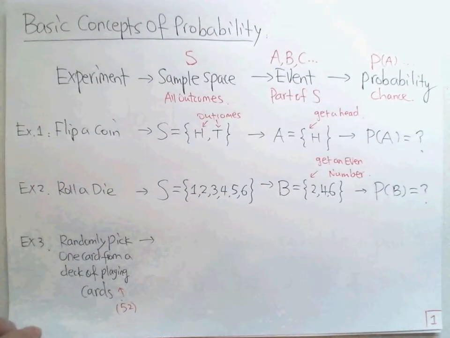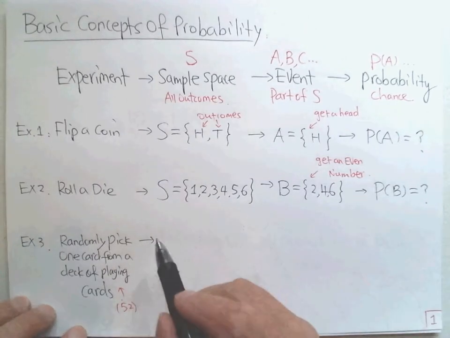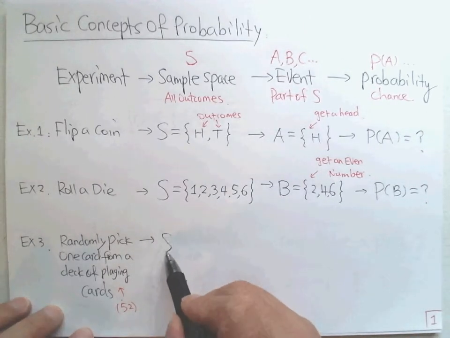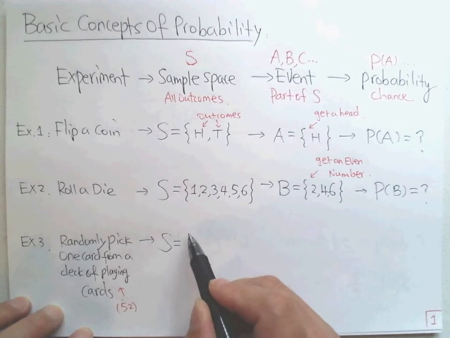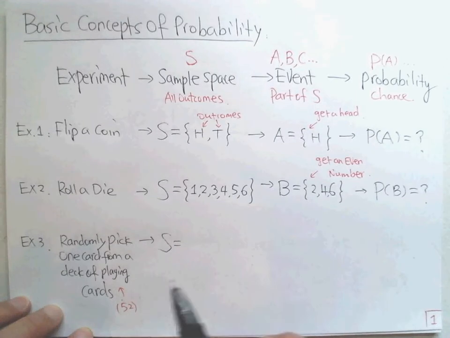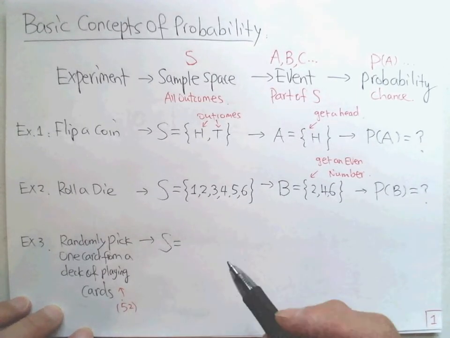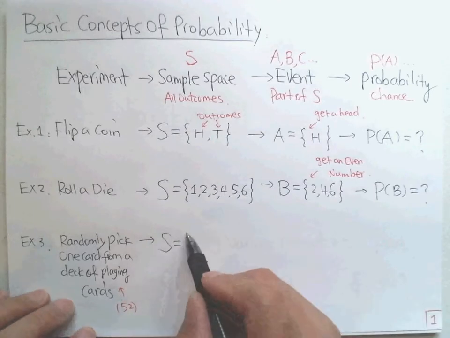So this is one example. The question is, what is the sample space? How many cards do we have? We have 52. Each one is different from another, so we should have 52 outcomes. If I put them together, it's like this.